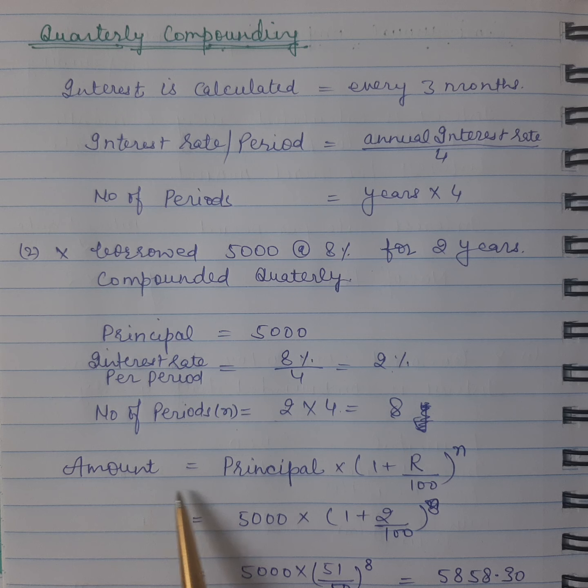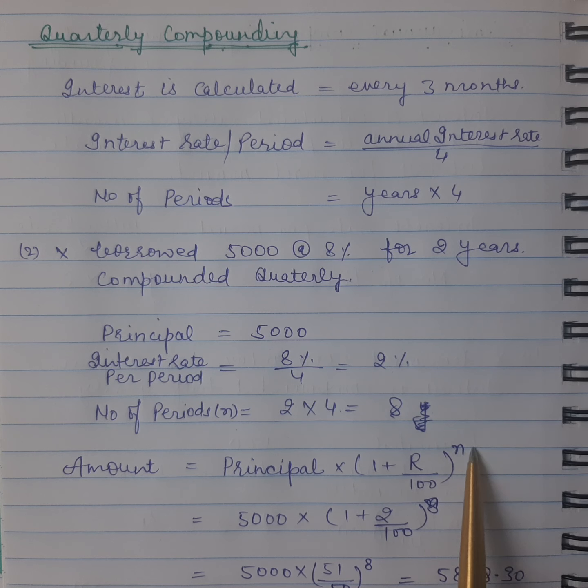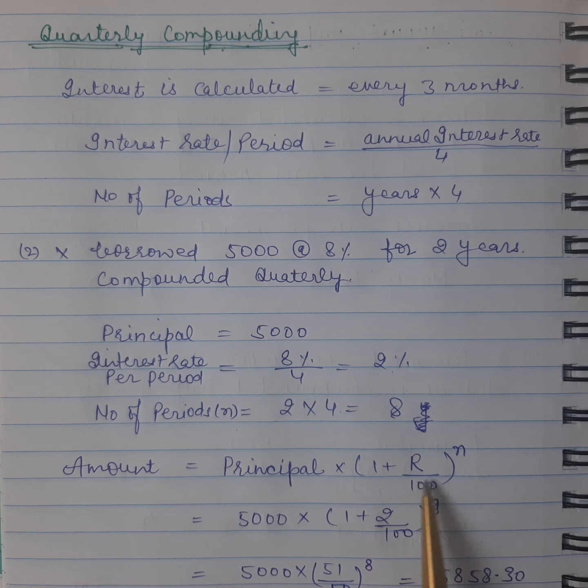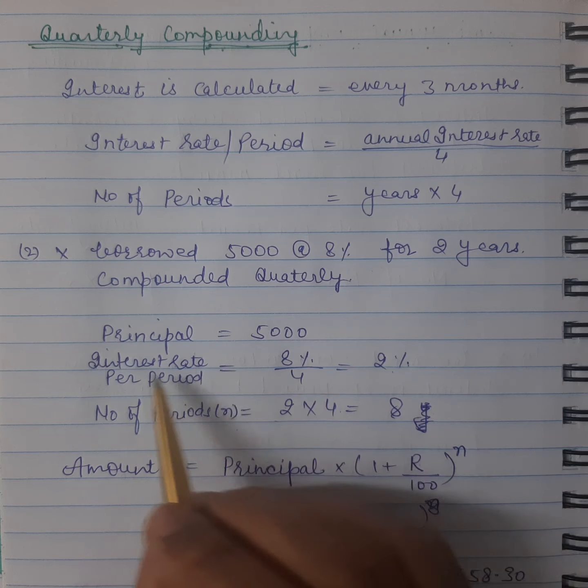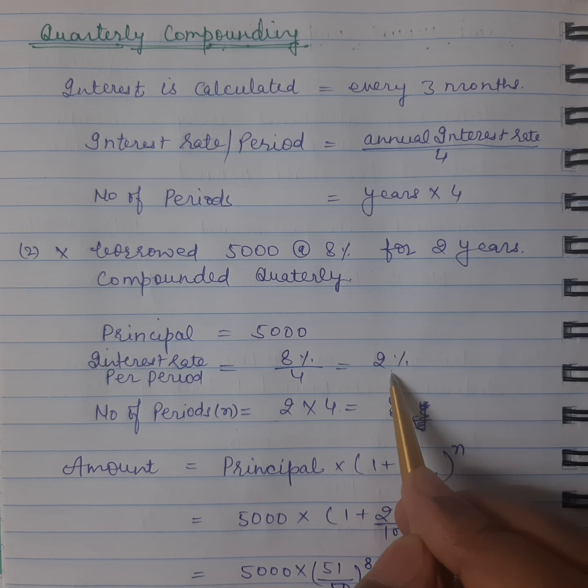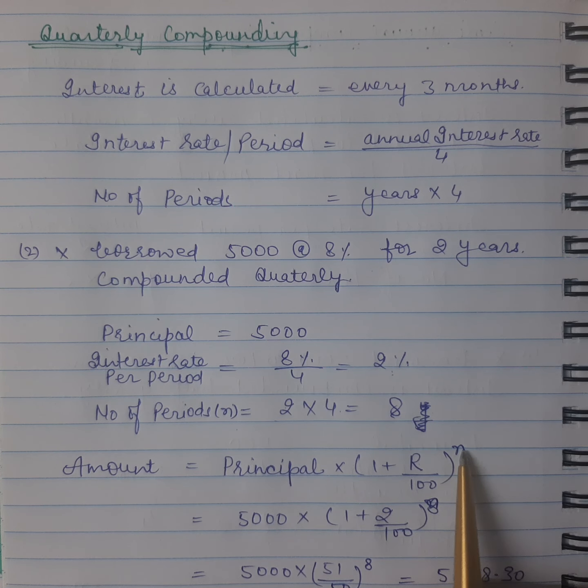We know the formula to calculate amount, which is principal multiplied by 1 plus R divided by 100, raised to power N. If we substitute the values of the variables, principal is 5,000 rupees, R, the interest rate per period, is 2%, and N, the number of periods, is 8.